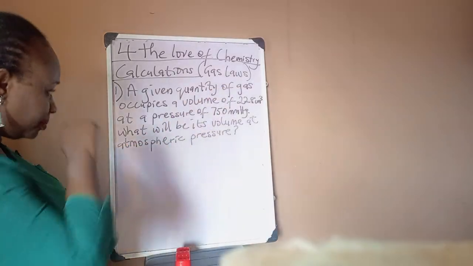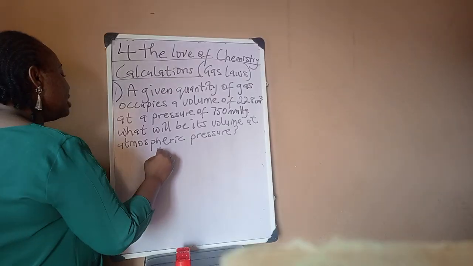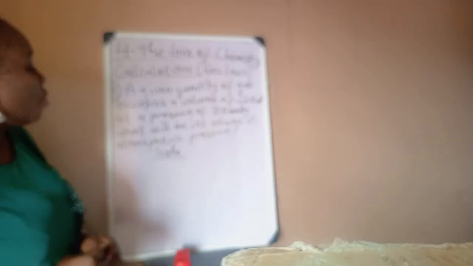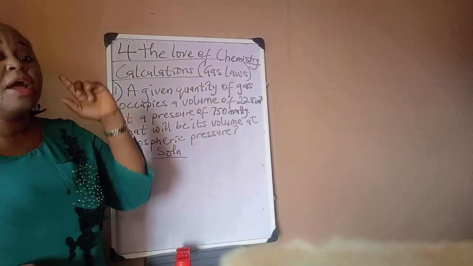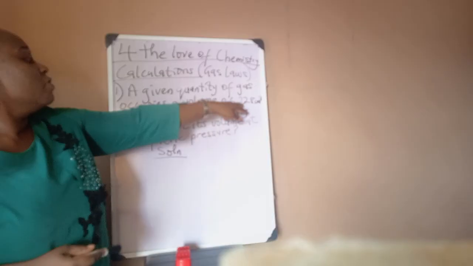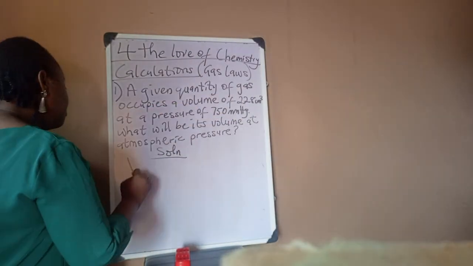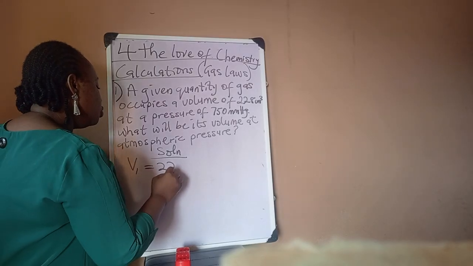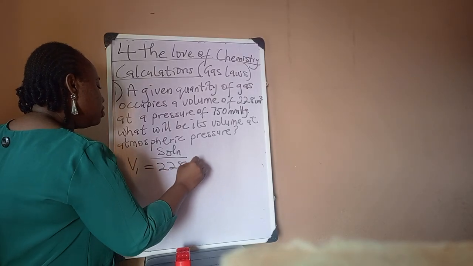So first, the first step in our solution is always to list every parameter given. The first parameter here is volume. So volume, we call it V1, is equal to 228 cm cube.